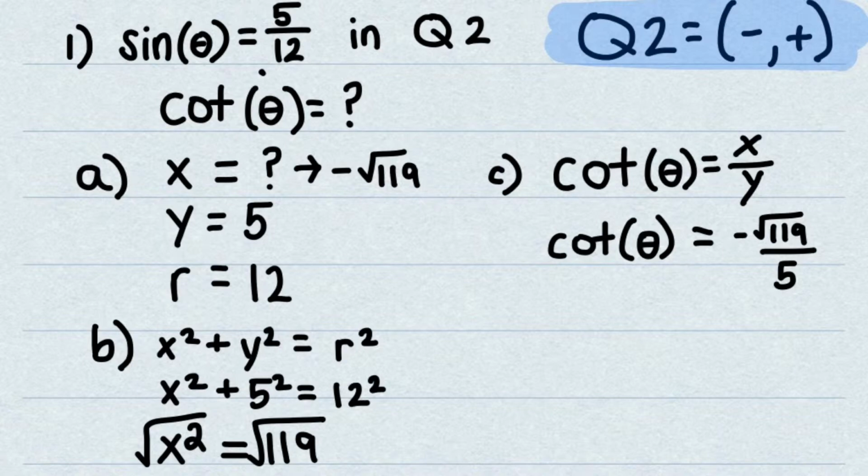So now that we have x, y, and r, we can find the cotangent of the angle, which is equal to x over y. In this case, the cotangent of the angle would be negative square root of 119 over 5.